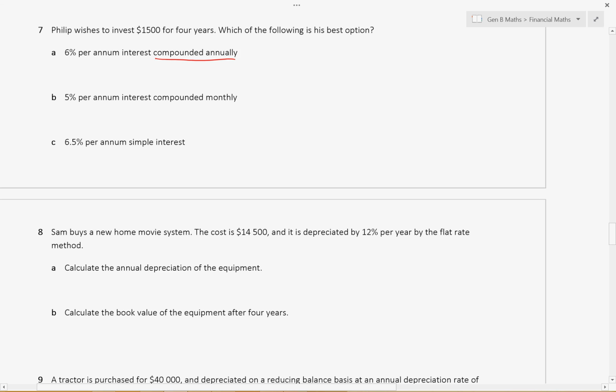Compounded annually. So 6%, so we've got to use the compound interest formula. So I've got A is equal to P(1 + R/N over 100) to the power of, what is it? N times T, isn't it?